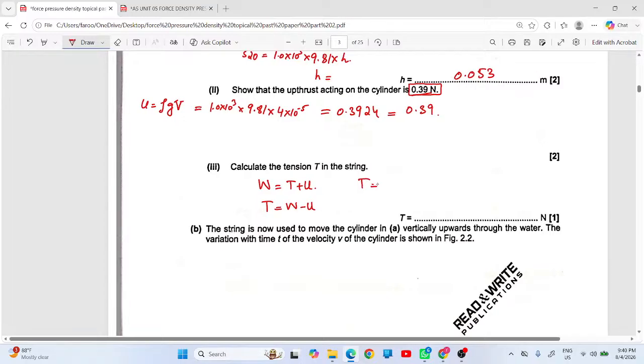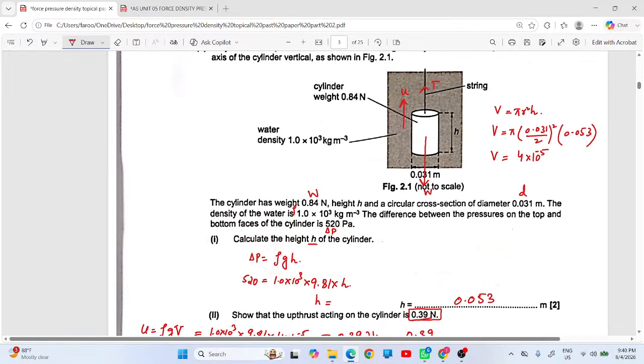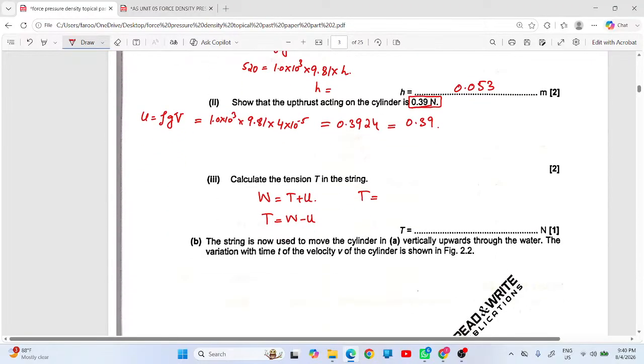Weight I think is given here, 0.84. Upthrust is 0.39. 0.84 minus 0.39, check. 0.45 is the tension in the string.